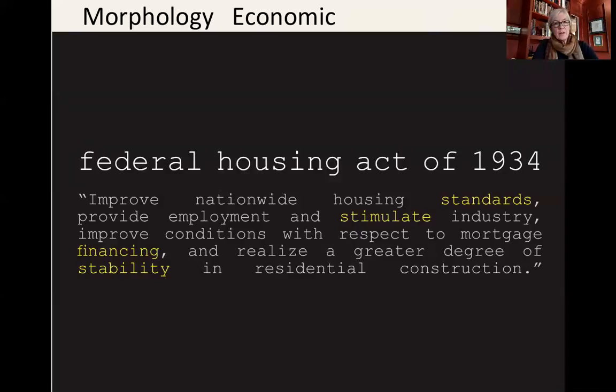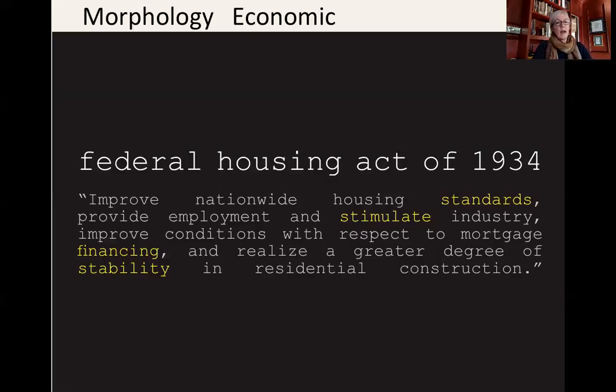The other thing that we start to see is this idea of federal housing. The Federal Housing Act of 1934 was supposed to improve nationwide housing standards. So it was started based on a social good, which has started to have a lot of impact economically.